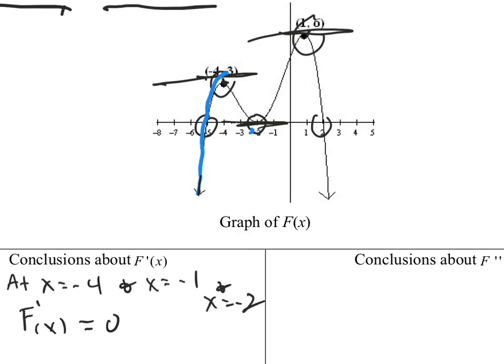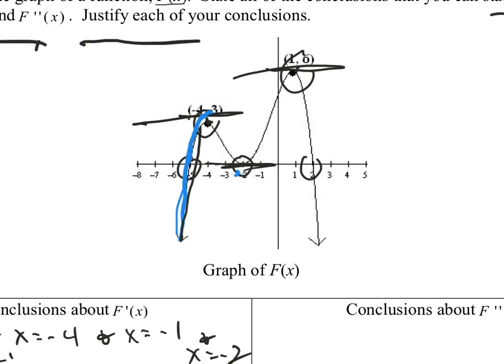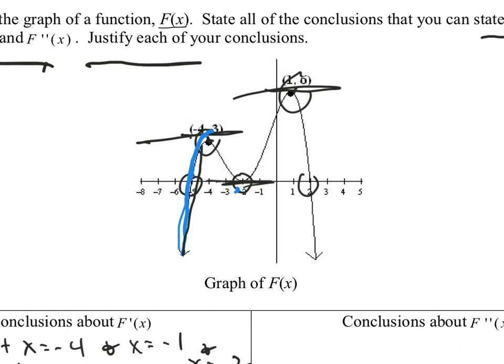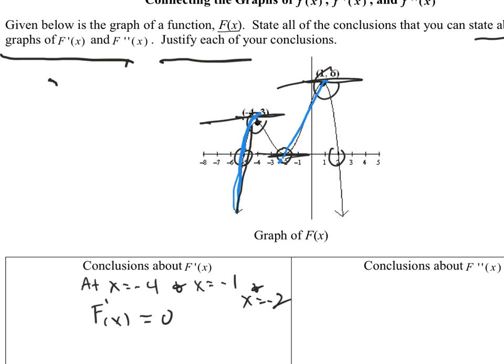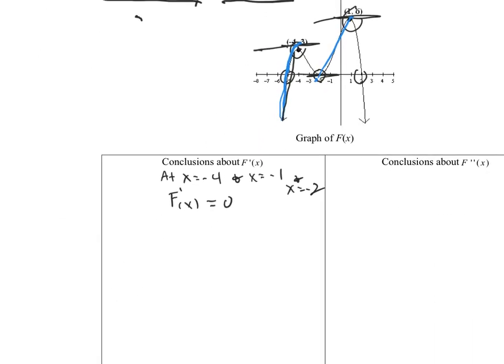Back to where I was going here. From -infinity all the way to this first extrema is the same property as going from the second extrema to the last extrema. What's happening there? The slopes are all positive. So what can I say about f prime of x?